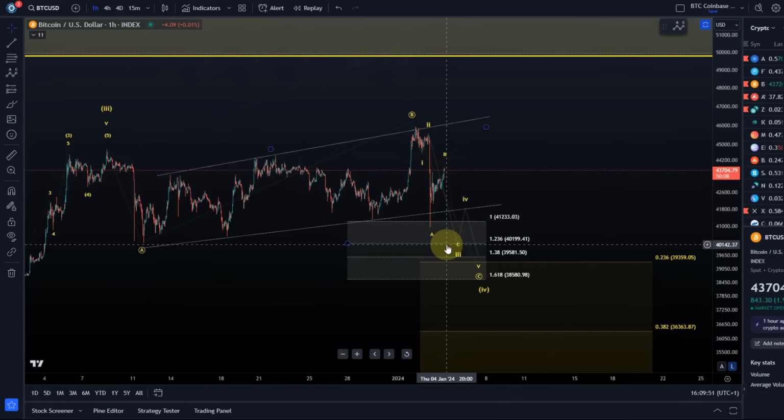And in a WXY, we cannot trust it because it's not the most common pattern. It would take a break above resistance to confirm it. So I cannot trust a WXY structure without having further evidence for it. Now we know it exists and we know it's a possibility, which is where trading tactics and strategies come into play. So in summary, I would still like to explore this diagonal pattern further.